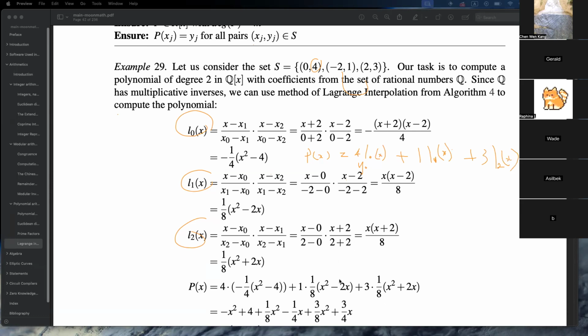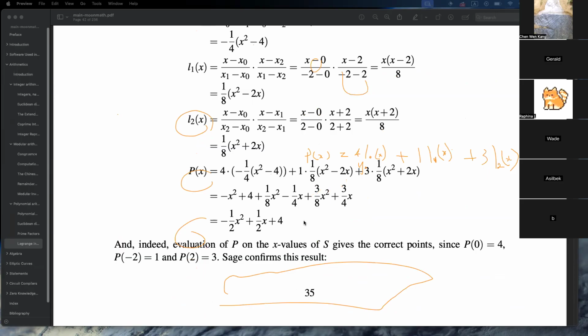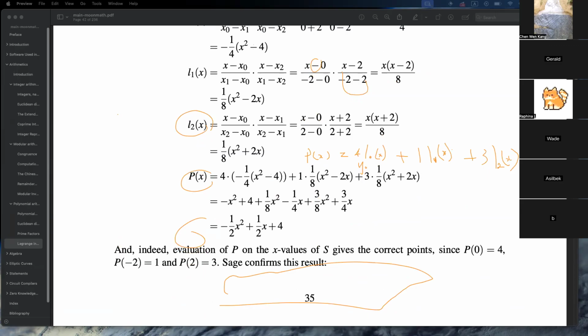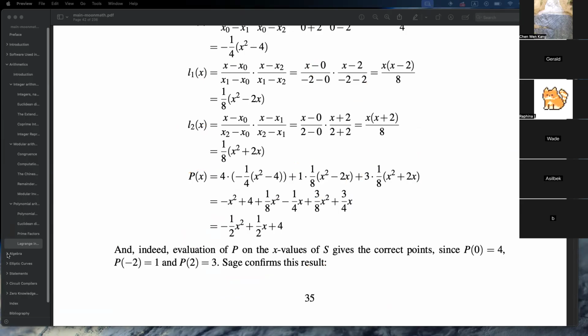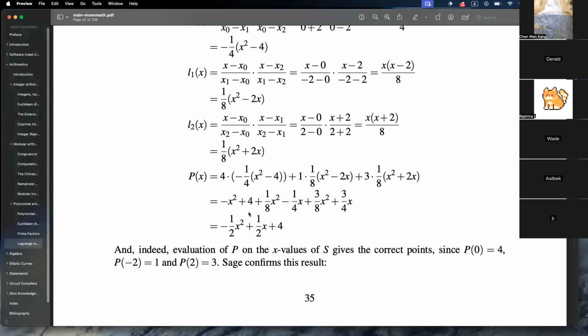Okay, so you can see it actually here. And then after you combine all of them, as seen here, I need to remove that notation. Then you can see that, hey, this is the polynomial that you get.